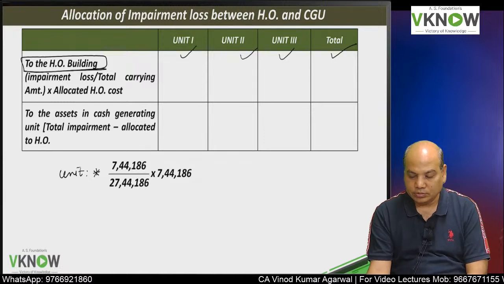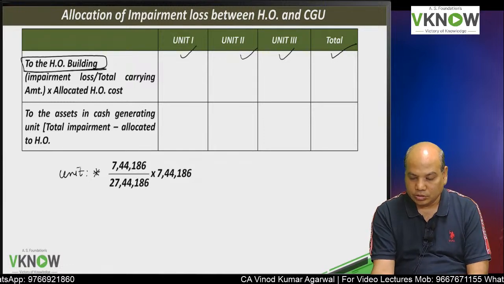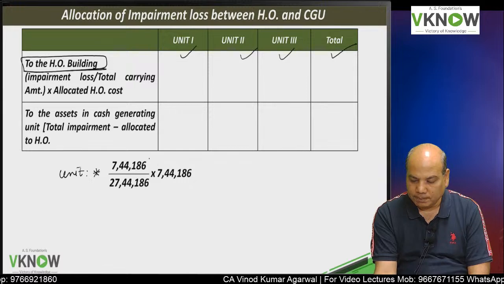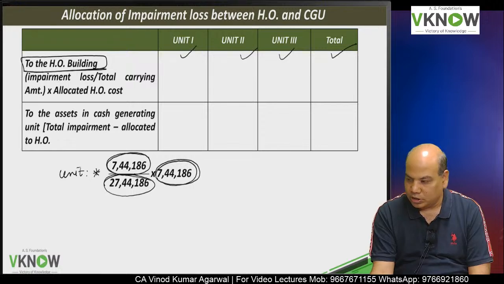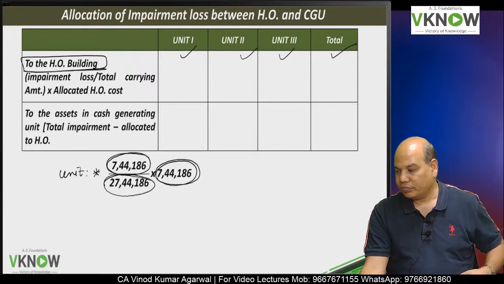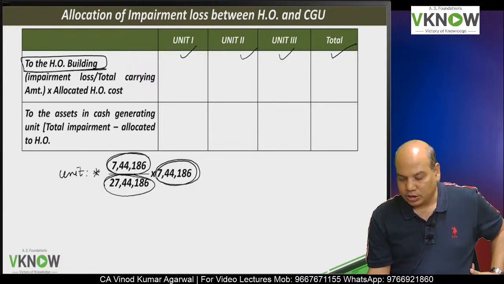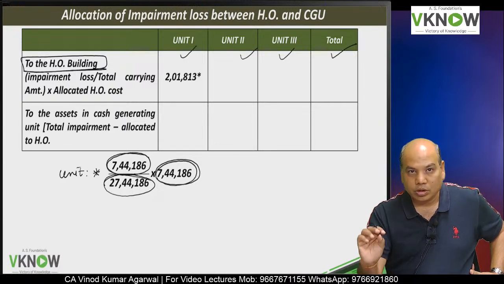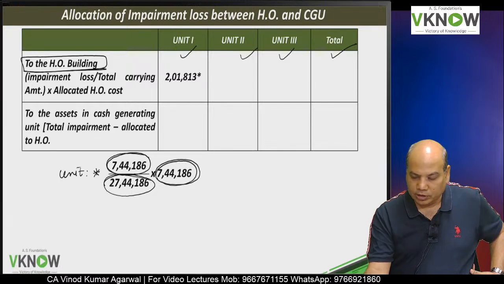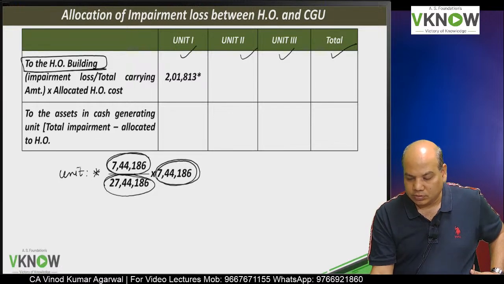See the calculation. Your impairment loss is 744,186 divided by total multiplied by HO building carrying amount. So the amount allocated to HO building will be 201,813.